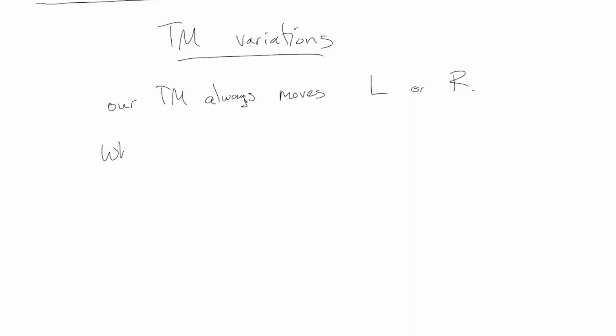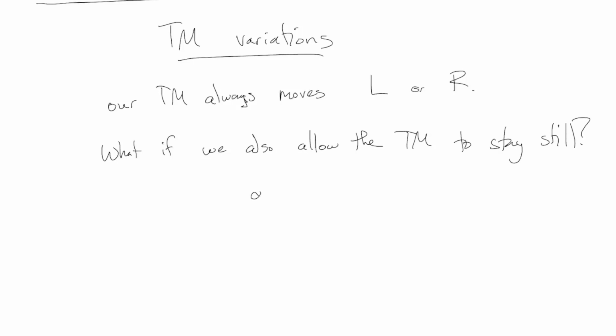What if we also allow the Turing machine to stay still? Let's say I would write that as something like A, A bar, S, where S means you don't move, you just stay there. And then, of course, go to the next step in the diagram, but you don't move, you just stay still, all right?